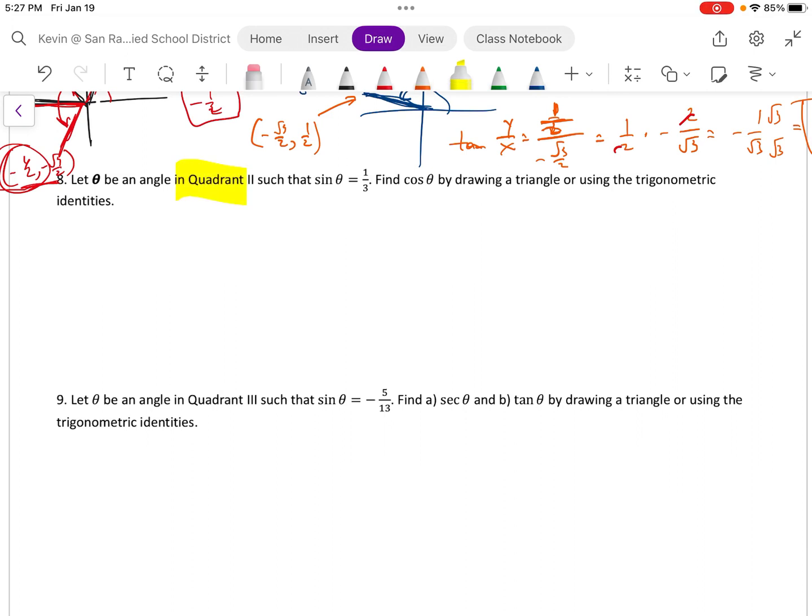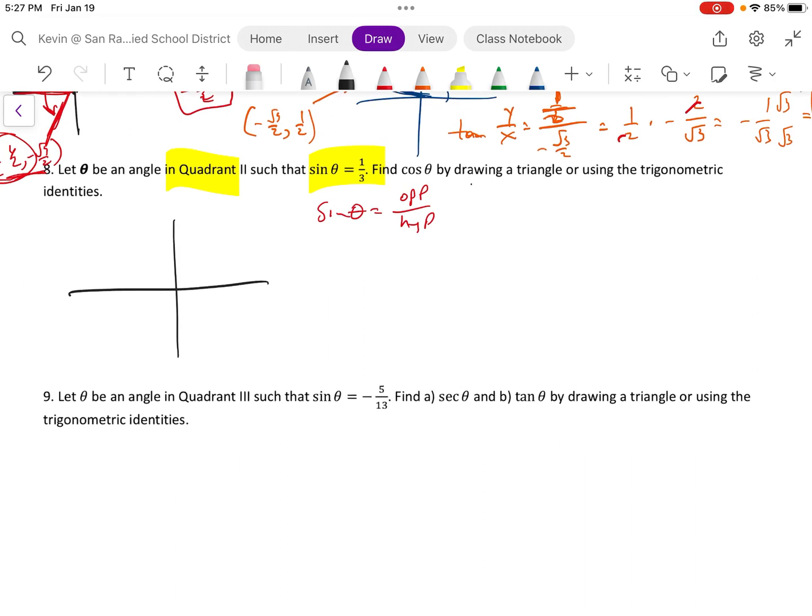So key things here. Second quadrant, sine theta equals opposite over hypotenuse, our y value over r. So let's see. So 3, and this is 1. Let's draw something like this.